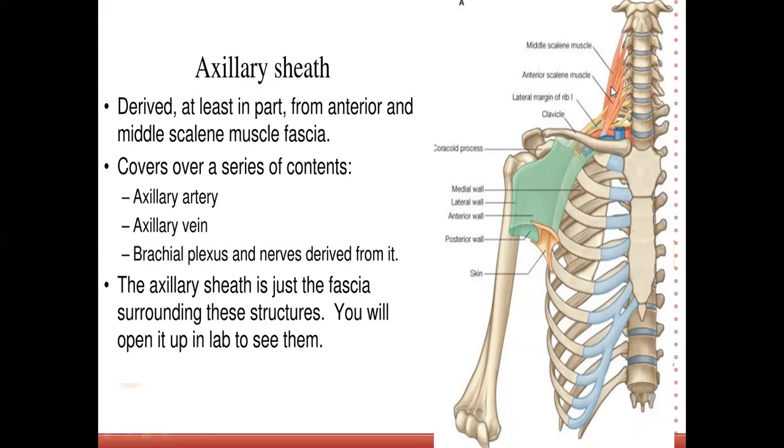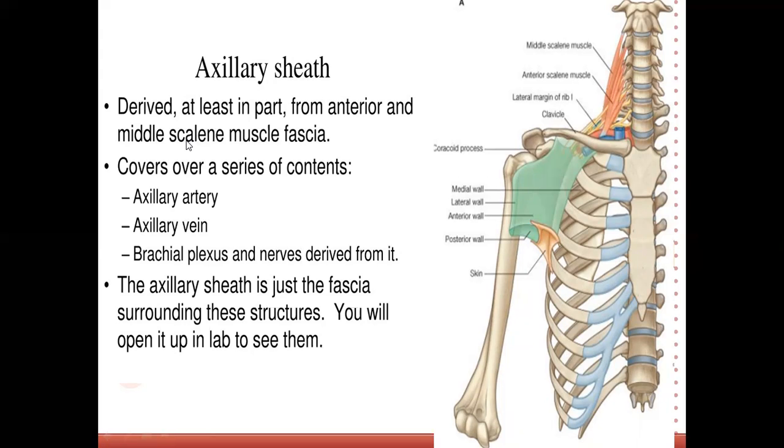So that means whatever fascial coverings are there in the neck region, they are being prolonged and carried into the armpit. They form a sheath which is called the axillary sheath, which is derived from the prevertebral fascia, which you are going to study when we do the head and neck region as a part of gross anatomy.